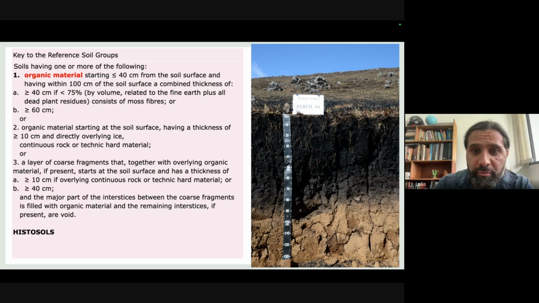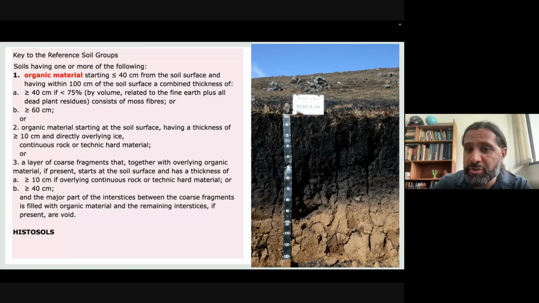In Soil Taxonomy, we consider that organic materials are those with 12% of organic carbon, and in some specific conditions, we can also decrease this value to 8%, if, for example, we have some human action, okay? So the content of organic carbon to identify organic material in Soil Taxonomy is much lower than in WRB.